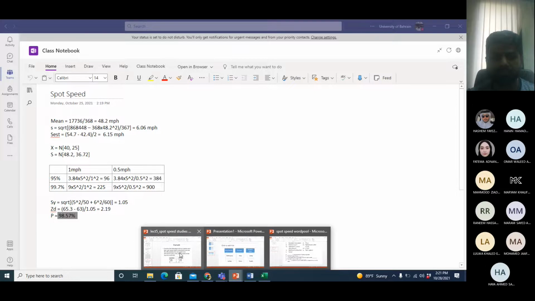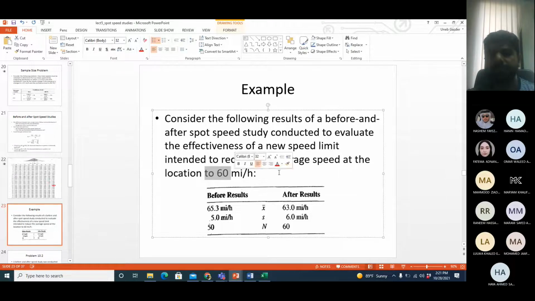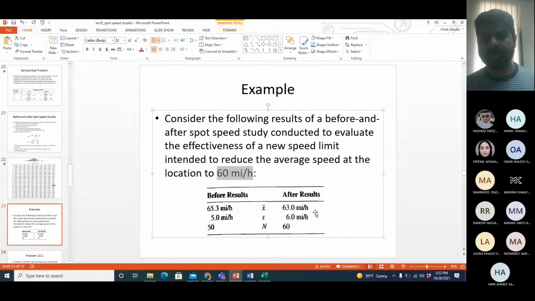Now, the second question is, did I achieve the required value? How much value did I want to achieve? 60. This question is about putting a new speed limit. So after putting the new speed limit, I wanted to achieve a value of 60 miles per hour. So the after sample should have a mean of 60, right?